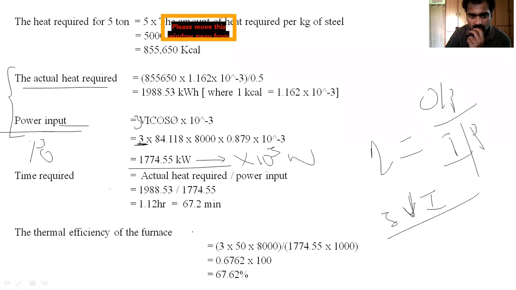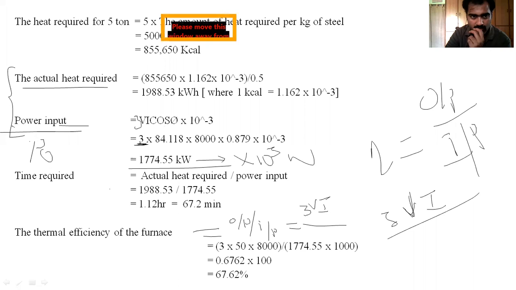That is nothing but output by input, VI. This is for single phase, but they have given the three phase supply for the arc furnace to melt the material. That's why 3 VI into input power, that is VI cos phi.